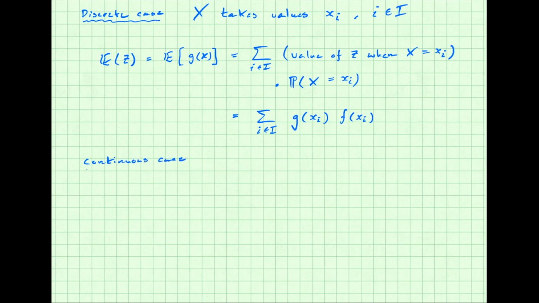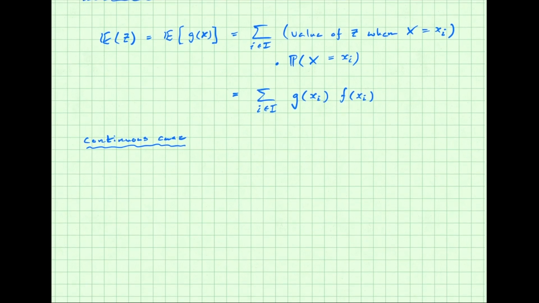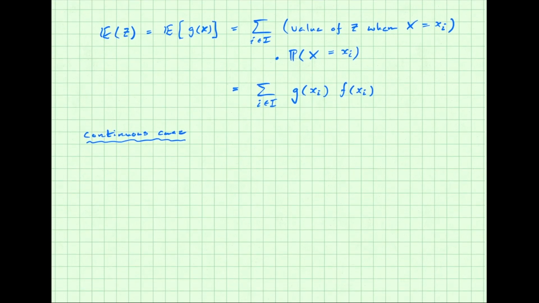And you should be able to see this isn't any new definition. It's really just carrying on with the old one, but putting it in a new context. Okay, so then the expected value, in this case, we're going to say x is a continuous random variable.